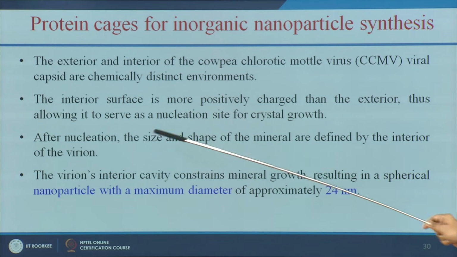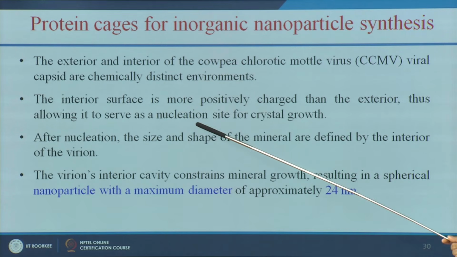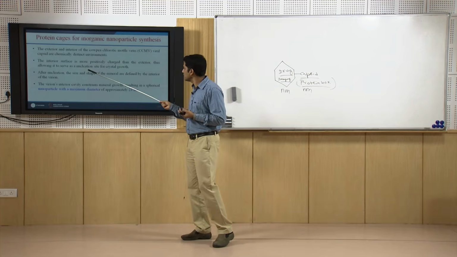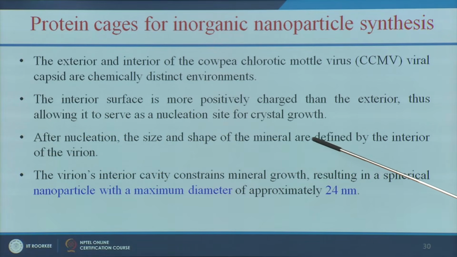So this will serve as a nucleation site for crystal growth. As I told you in one of the second lectures, nucleation is a very important process for nanoparticle synthesis. So after the nucleation, the size and shape of the mineral are defined by the interior of the virion, and it can make a nanoparticle of maximum size of 24 nanometers, and also it can make uniform size nanoparticles.